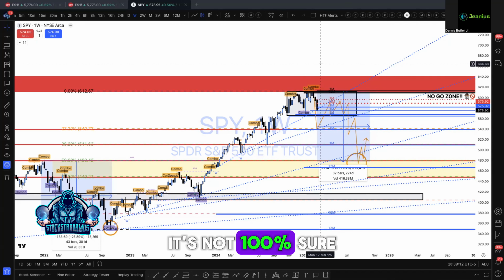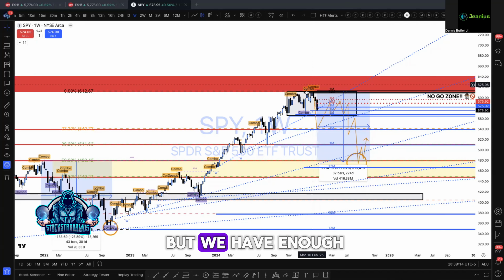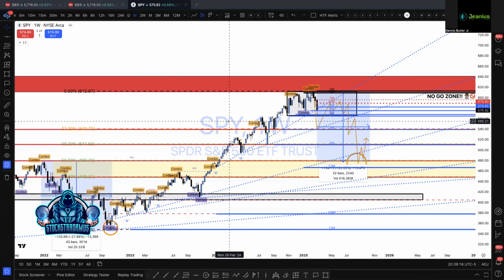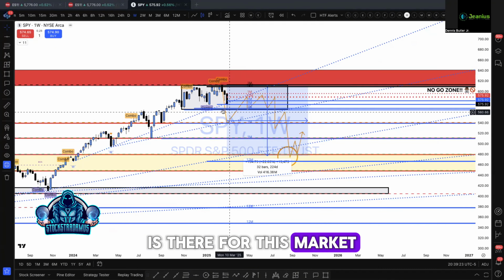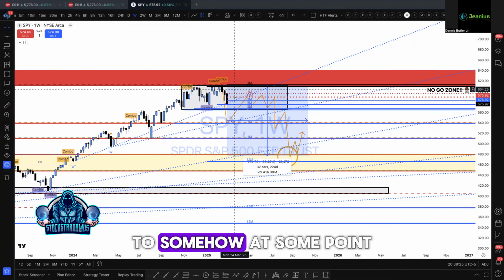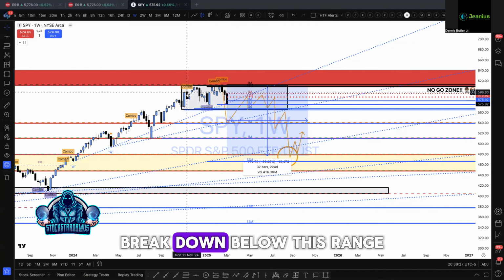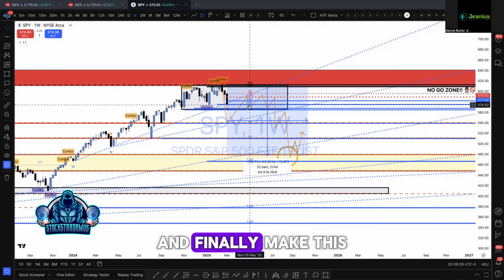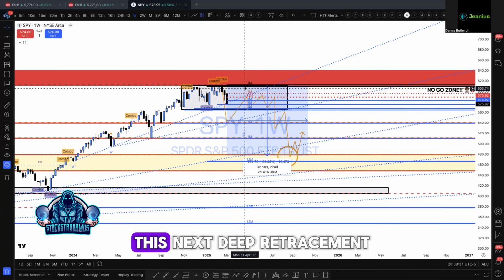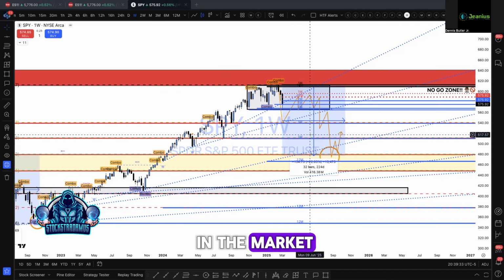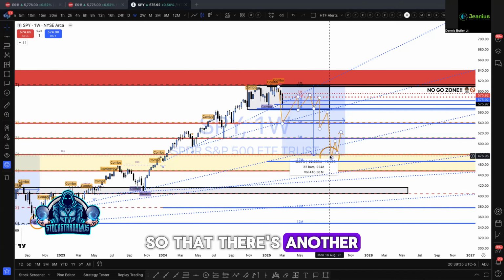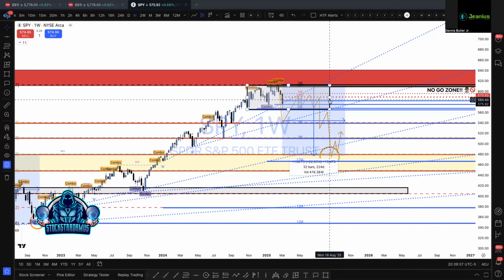It's not 100% sure, but we have enough data to say that the possibility is there for this market to somehow, at some point, break down below this range and finally make this next deep retracement in the market, so that there's another buying opportunity.